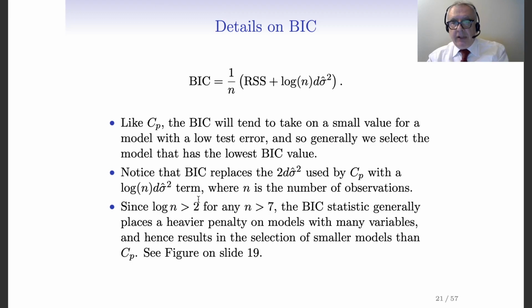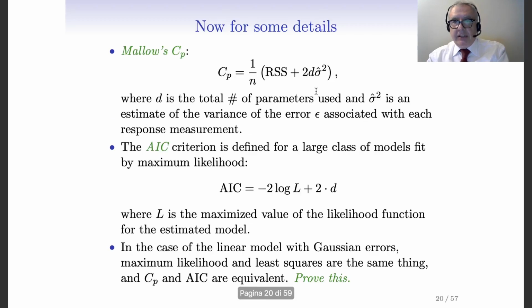And the logarithm of n is greater than 2 whenever n is greater than 7, which is of course quite usual. So you are not going to estimate models having as few data as 7 usually. Okay, from time to time it can occur, but it will be something quite exceptional. Therefore, in most cases, BIC will have here a number, log of n, which is greater than 2.